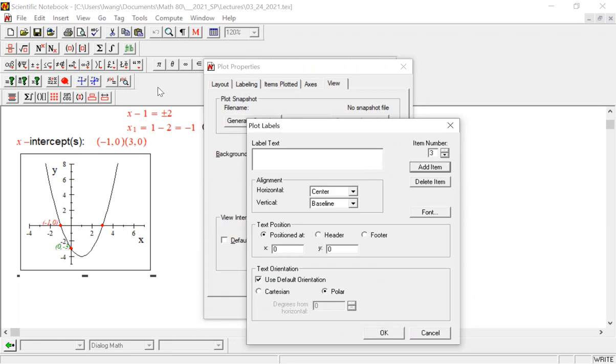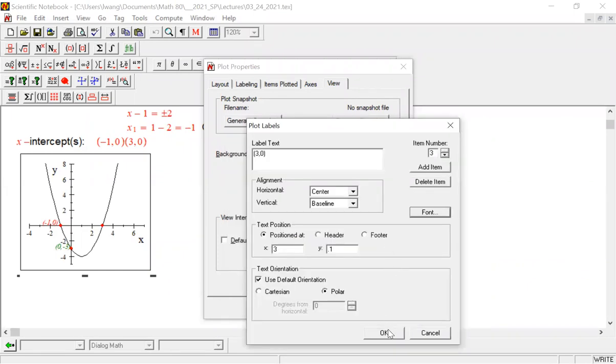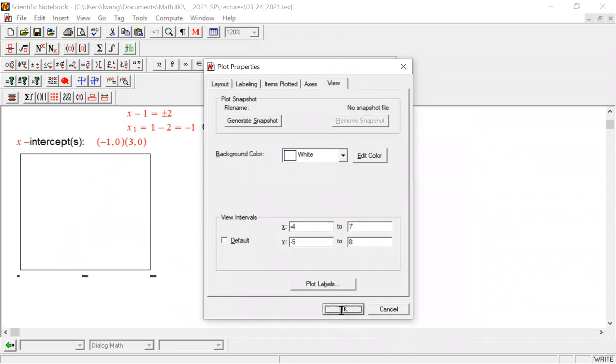And one more, 3, comma 0. So this time I'm going to put it at 3, and this is 0, and I'm going to make them red. And there you go, 3, comma 0.